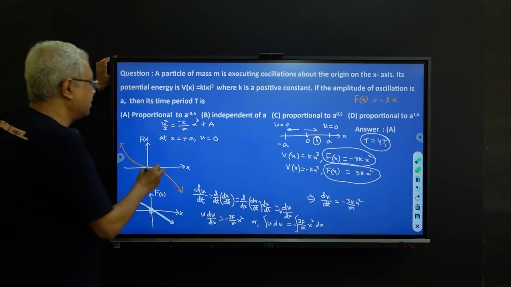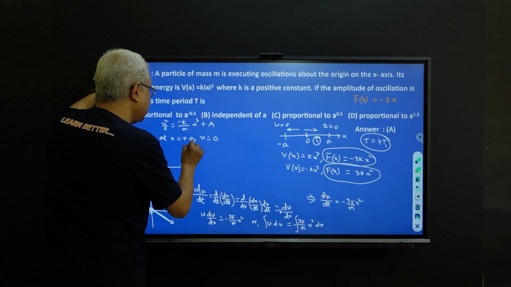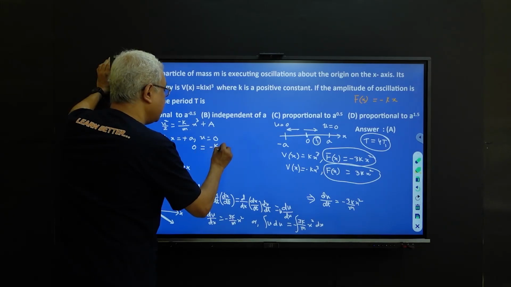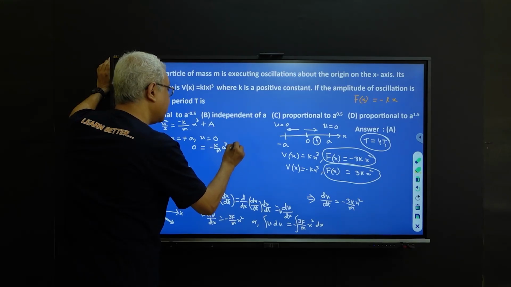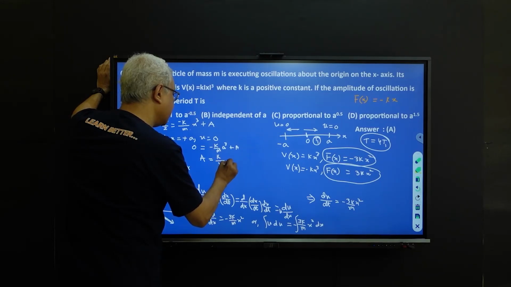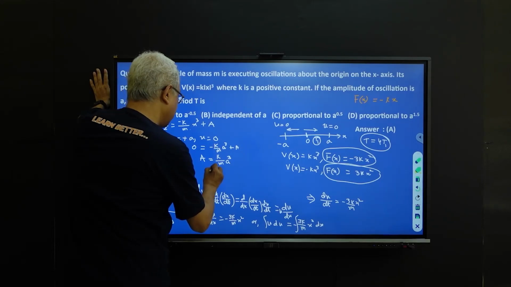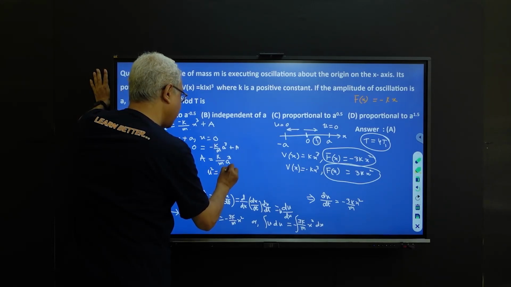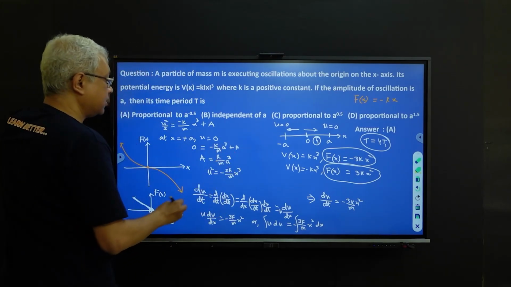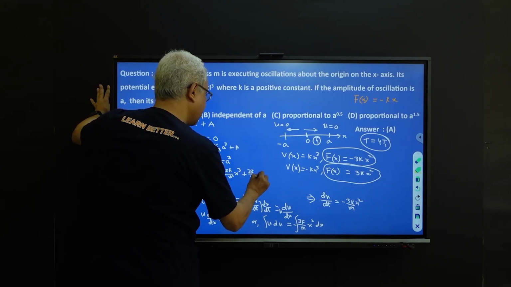In these two cases. So at x equal to plus A, u equal to 0, this yields what? 0 equal to minus k by m A cube plus a. So a becomes k by m A cube. So u square becomes minus 2k by m x cube plus 2a, that is 2k by m A cube.